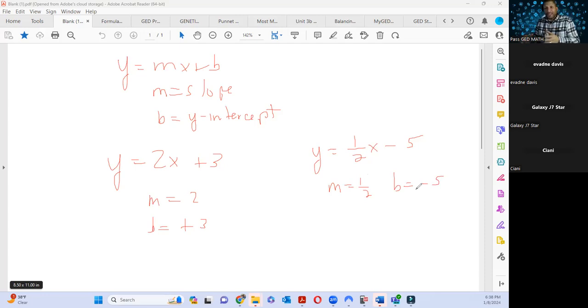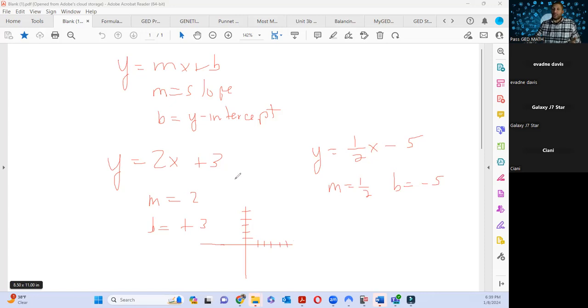What does that mean? When we talk about a linear equation, you're going to have a line on a graph, linear, L-I-N-E-A-R. So if I draw this, let me explain something to you. We have 1, 2, 3, 4, 5 on each axis.